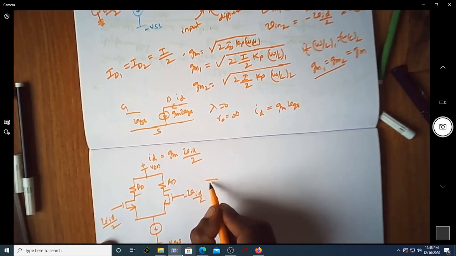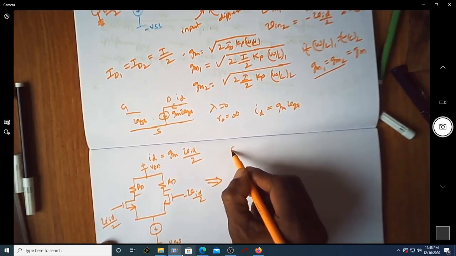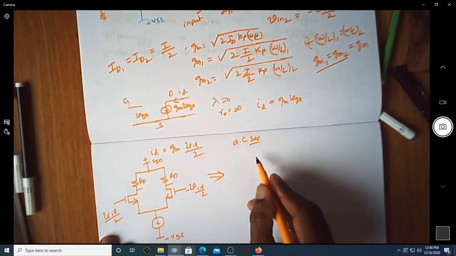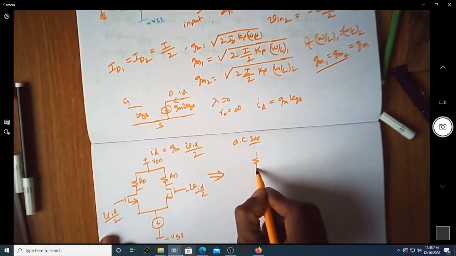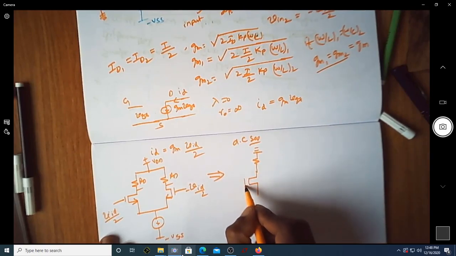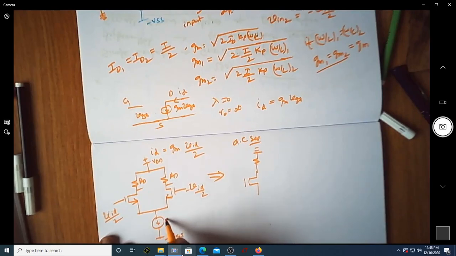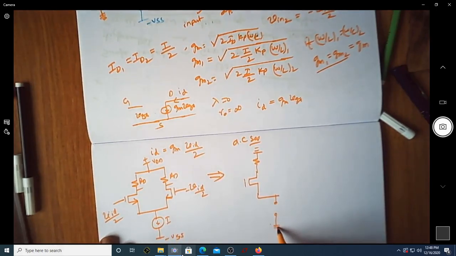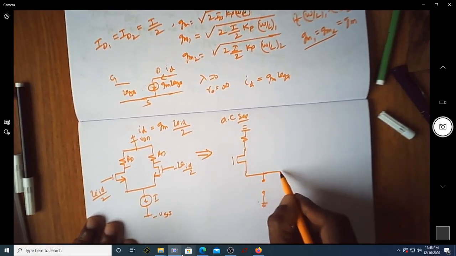Now the AC equivalent of this. First I should ground this. We know this current source will be made open circuit, and this is again grounded. Since it is open circuit, this ground has no meaning here.